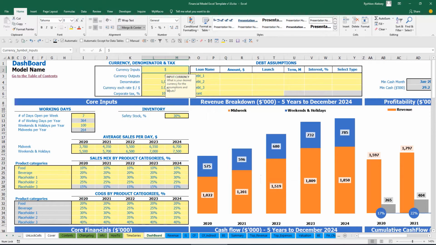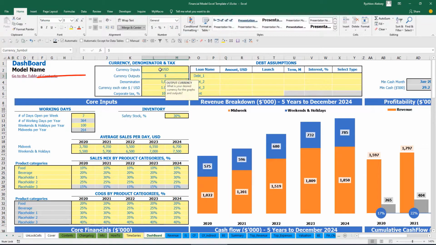On the top of the dashboard you have currency, denomination and taxes setup. Currency inputs means that you can input all your drivers for the model using one currency. You have currency outputs, which can be the same as currency inputs or different. Let me give an example.